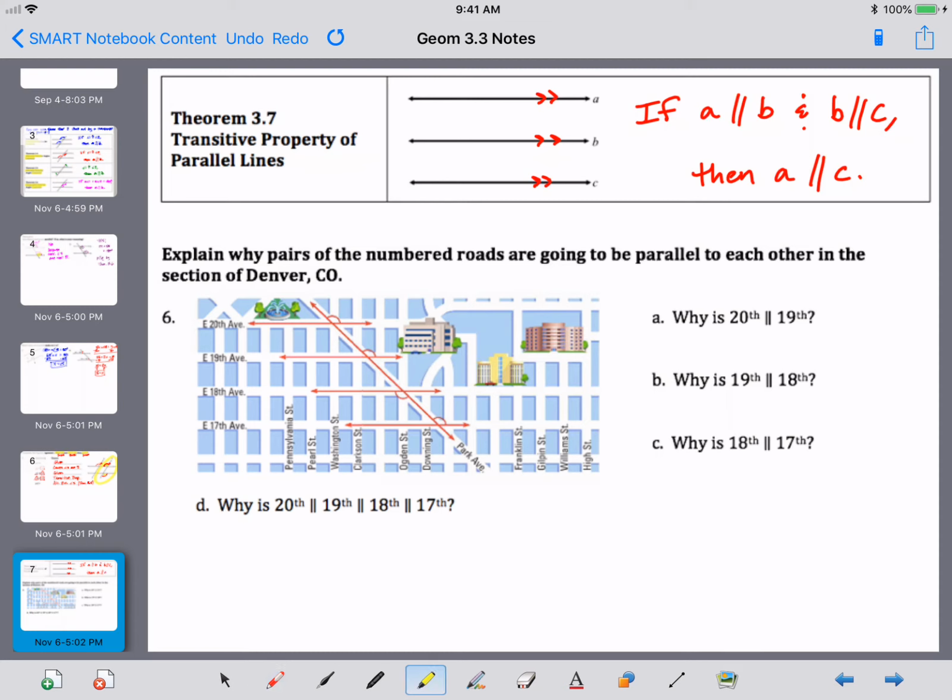So that kind of shows you that you're cutting out the middleman and just setting the first line parallel to the last line.